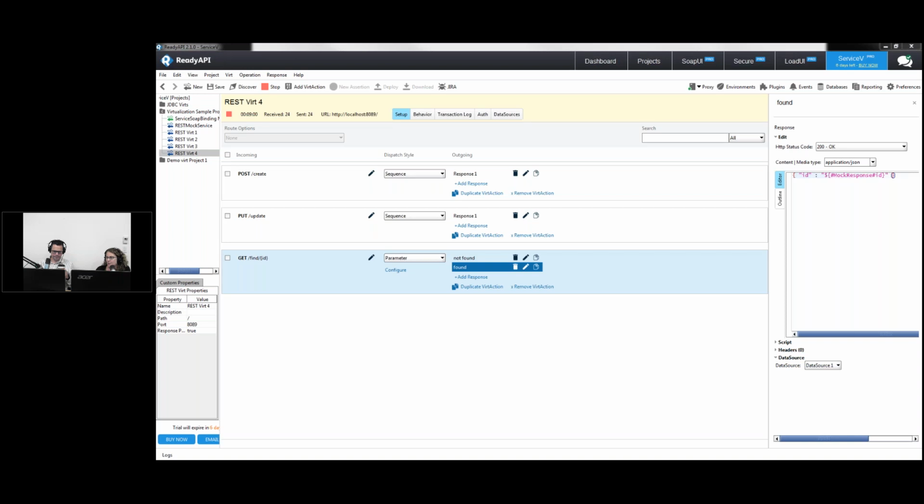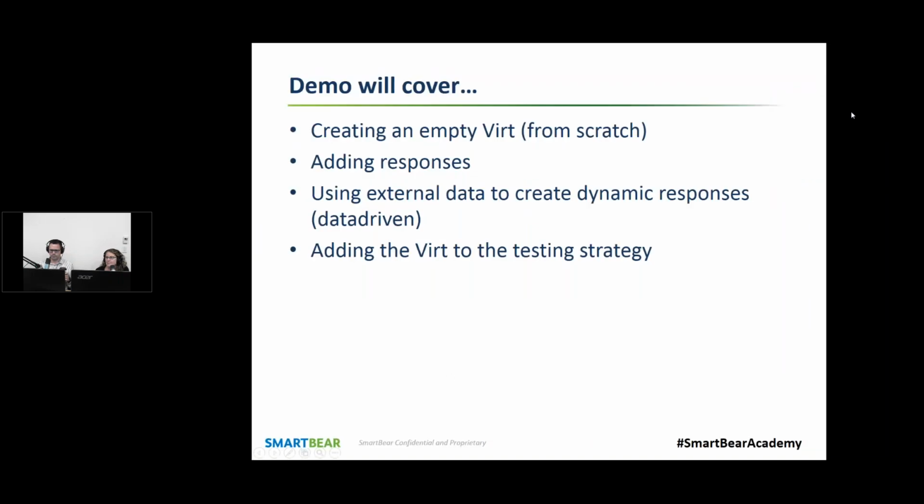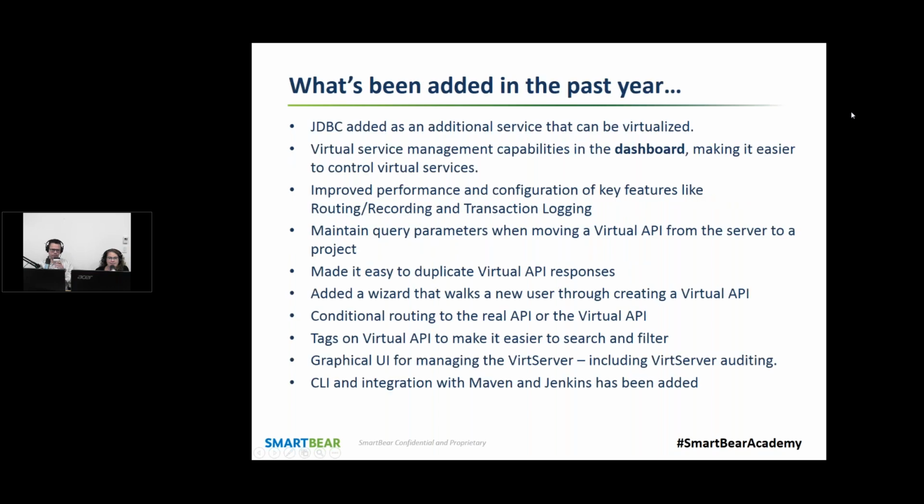All right, so let's go back to the slides. This is a really big list, and I debated taking it out, but there are a couple things I wanted to bring up about the stuff that Mike was showing you.